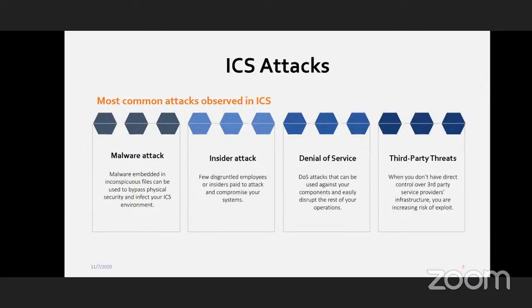Your employees in your office and ICS environments likely use portable removable media like USBs and SD cards. All of these can be used to transfer malware embedded in JPG or PDF files. For example, once one of these storage devices is compromised, it can be used to bypass physical security and infect your ICS environment. This happens all the time.